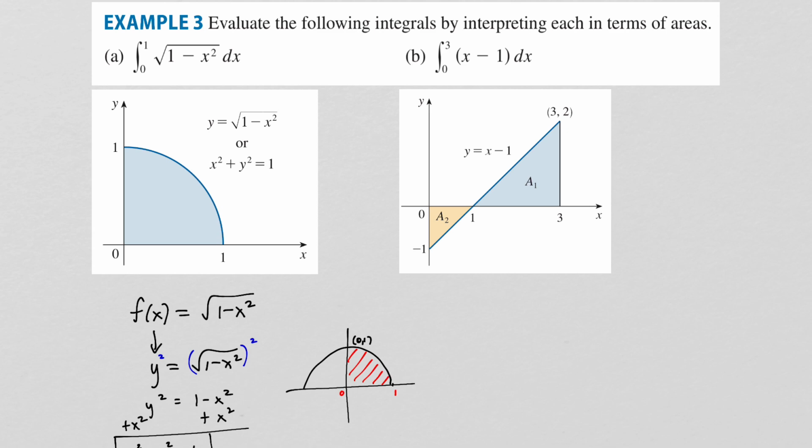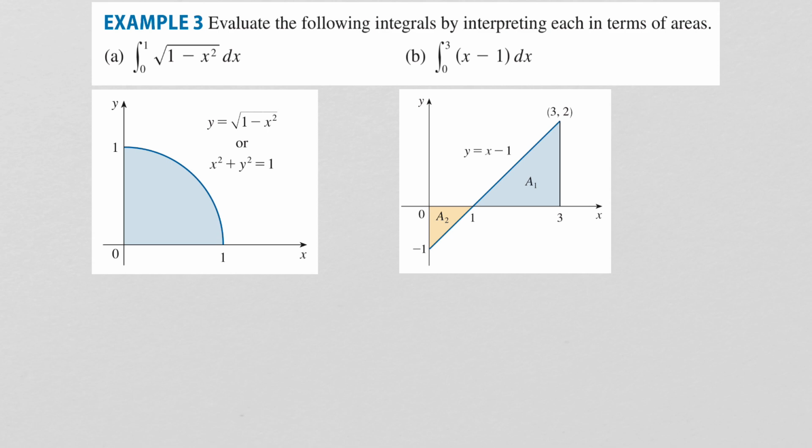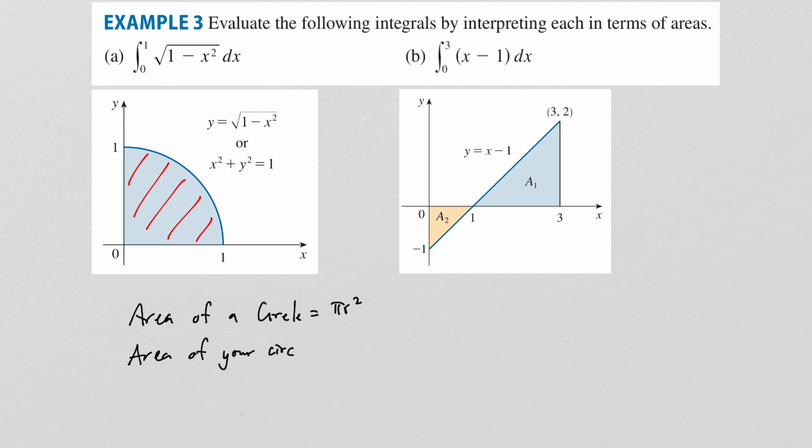Now, we still have to actually calculate this. So what is the integral from 0 to 1 of this function? It is the area of this. So we have to know that the area of a circle is pi r squared. So the area of your circle in this problem is pi times the radius, which is 1 squared, which is just pi.